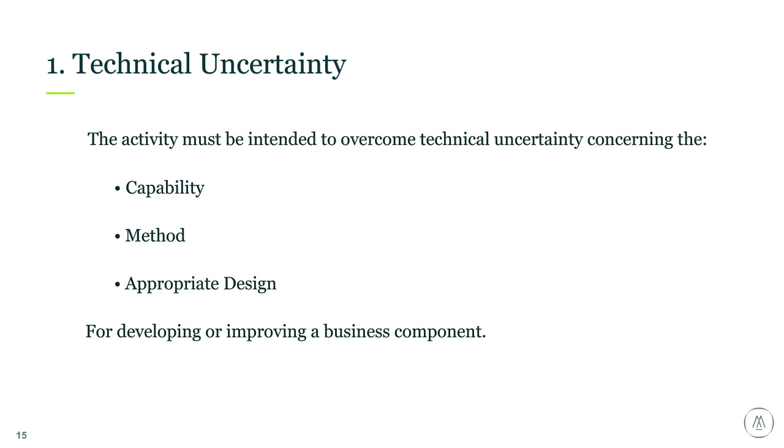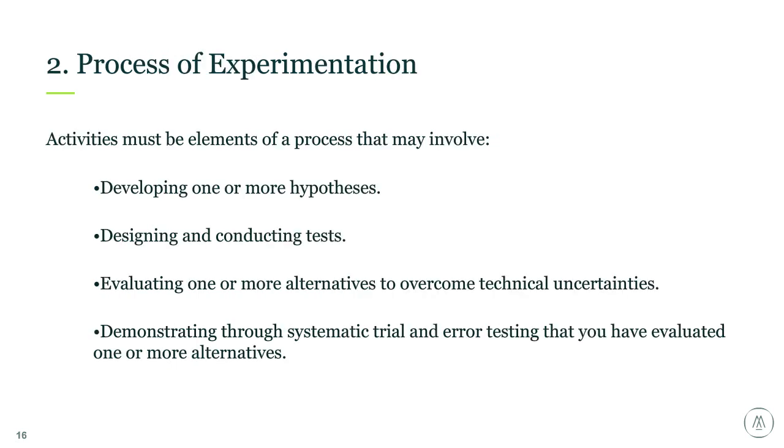Just because something is successful on the first try doesn't mean it's not R&D, but it's really just a question of when does that uncertainty end? And to try and eliminate the uncertainty, there has to be a process of experimentation.